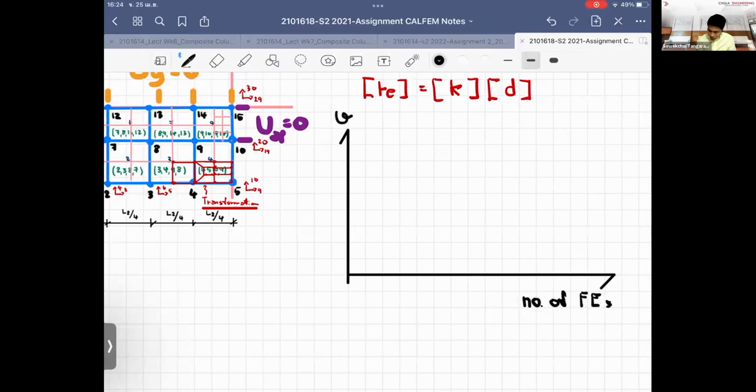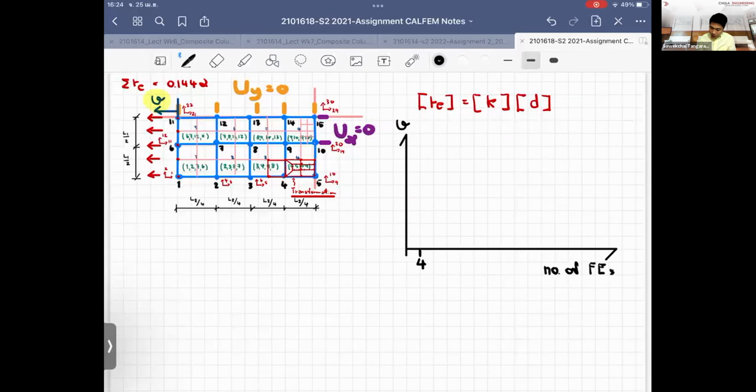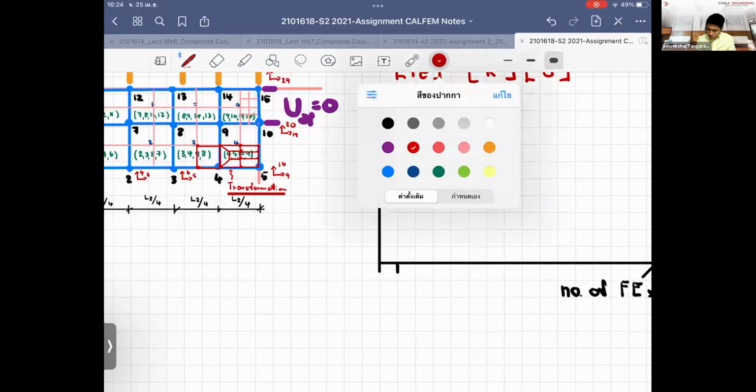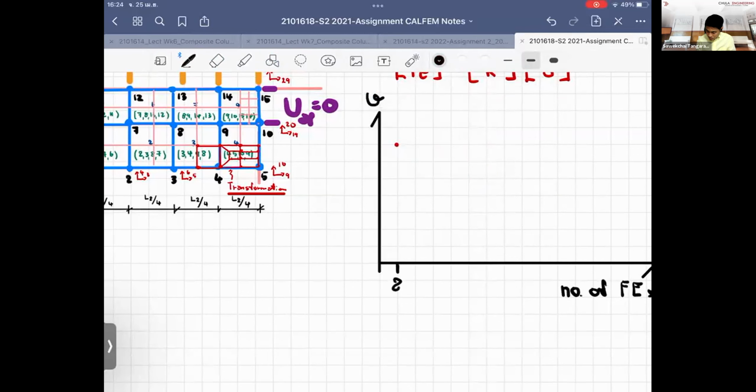For example, in the beginning, you start from the finite element mesh with 4 elements, right? In this example, or say, sorry, I use say. And you solve for the displacement, you obtain this value. And you discretize more.